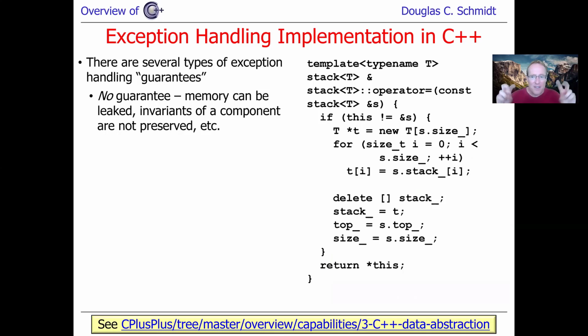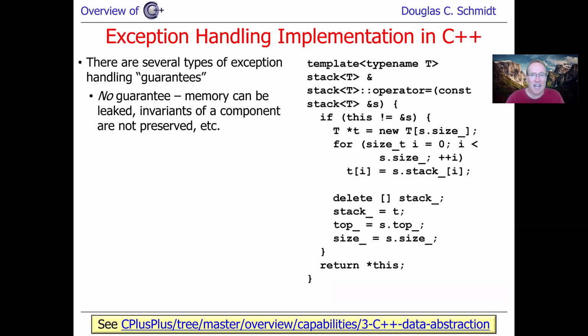So the first kind of guarantee is no guarantee. You might call this the caveat emptor guarantee. It means let the buyer beware, let the program beware. What no guarantee semantics mean is memory can be leaked if an exception is thrown, and invariants of a component may not be preserved.